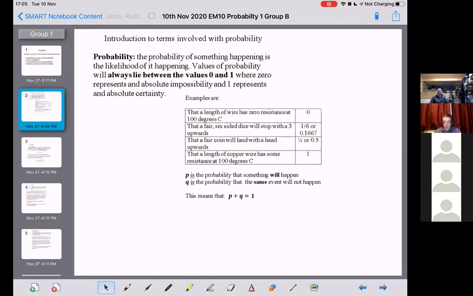So therefore, P plus Q equals 1, P must equal 1 minus Q, or conversely, Q is equal to 1 minus P. So if we know one of the probabilities, we can always get the other because the pair of them, the probability that it will and the probability that it won't happen, must add up to 1 for the same event.